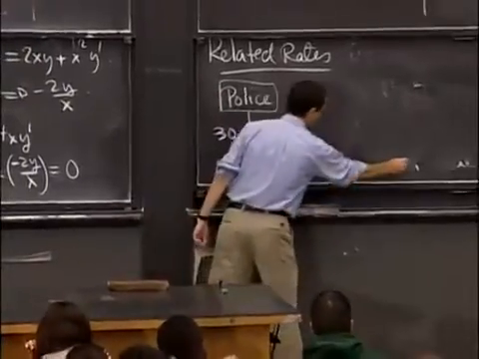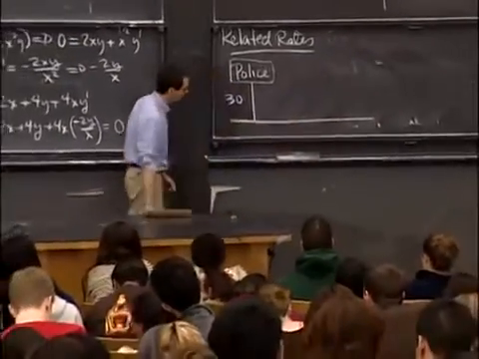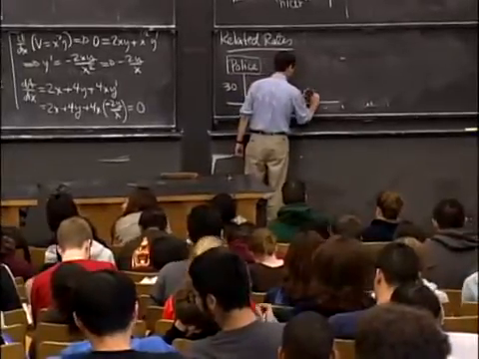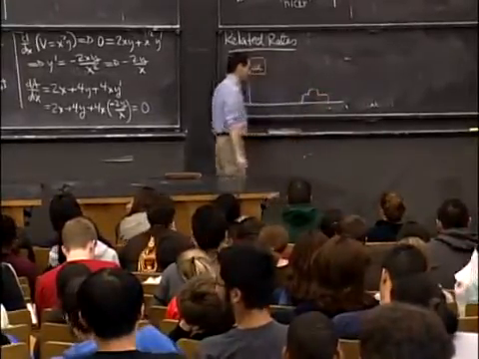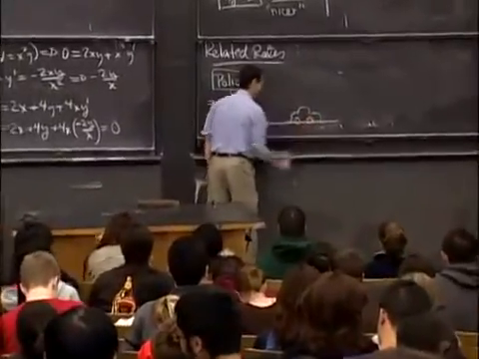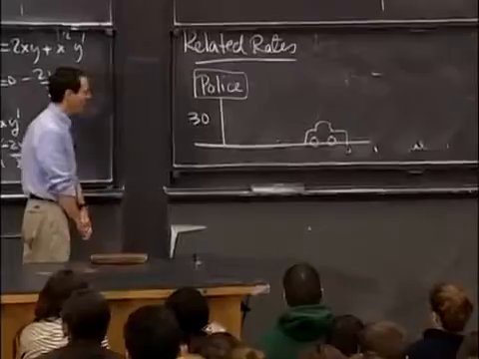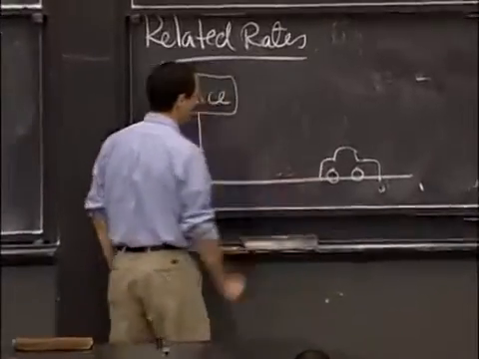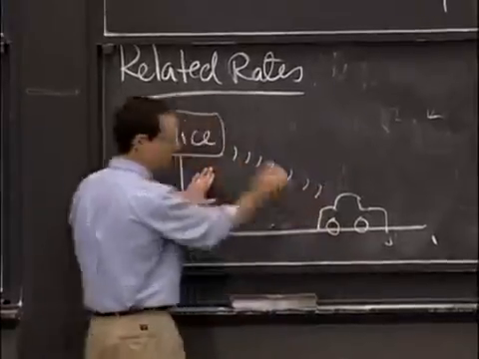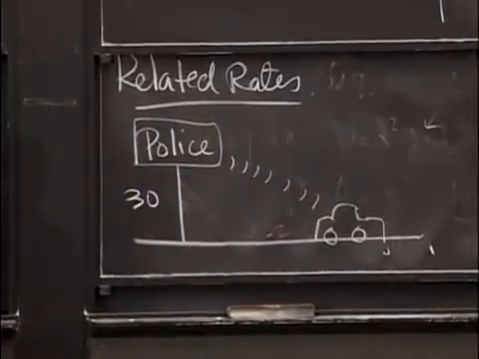And here's the road. And you're coming along here in your car, going in this direction here. And the police have radar, which is bouncing off of your car.